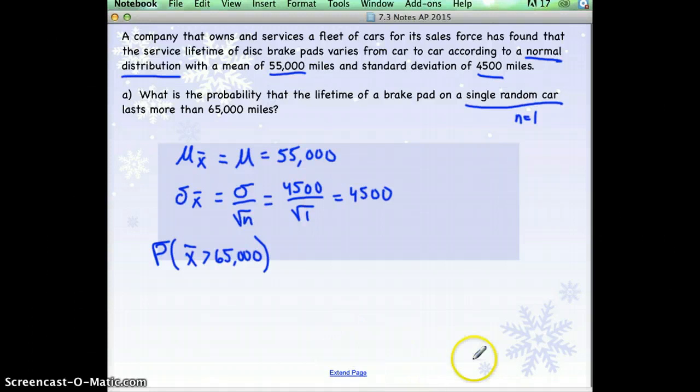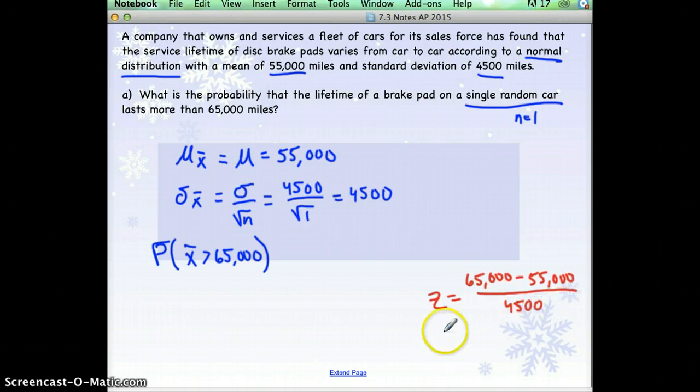So let's go down here and calculate the z-score. So we're going to do 65,000 minus our mean of 55,000 divided by our standard deviation, which is 4,500. And when you type all that in, you're going to get 2.22.